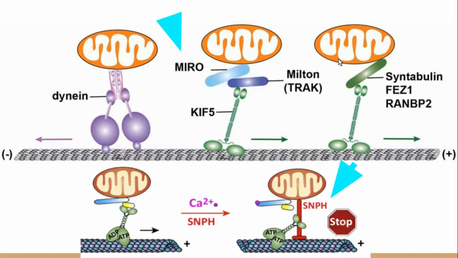And this is especially a problem in motor neuron disease because the length of those axons makes transporting mitochondria uniquely problematic. So perhaps by knocking out or downregulating the SNPH gene, we could possibly increase the motility of mitochondria and get those synapses supplied and innervated with ATP.